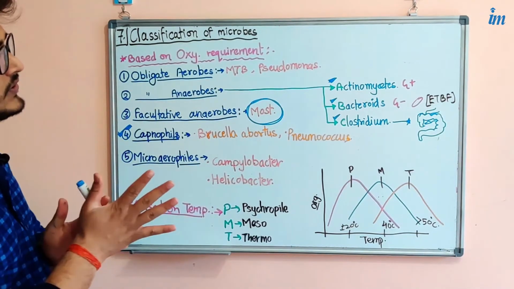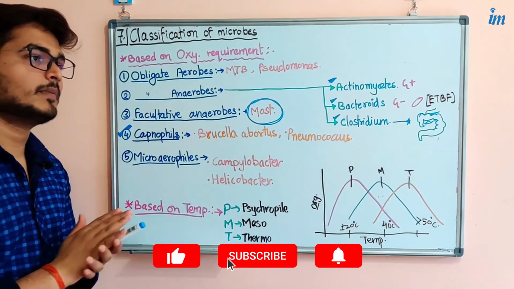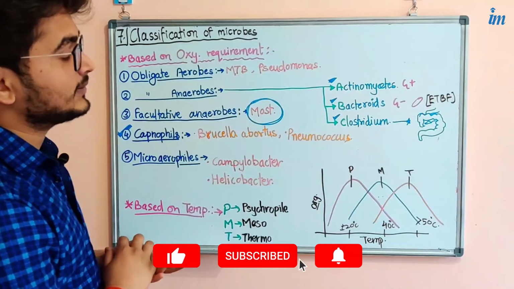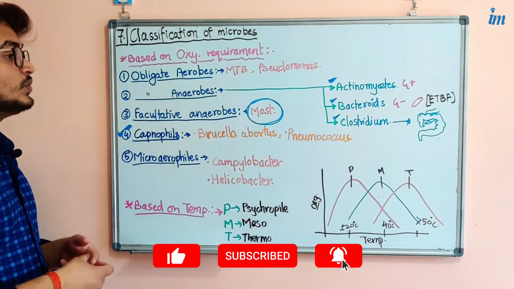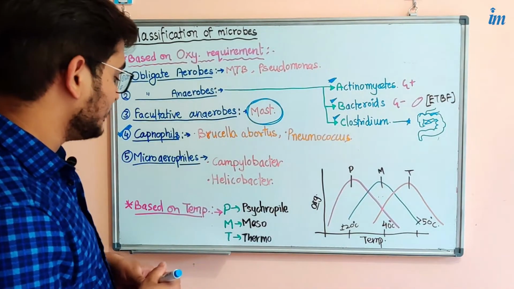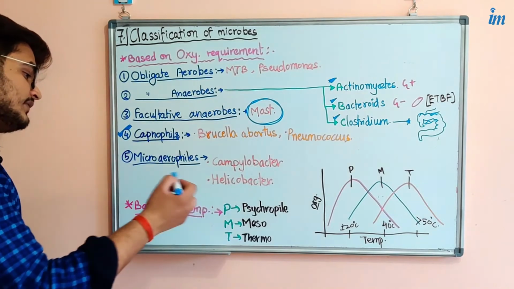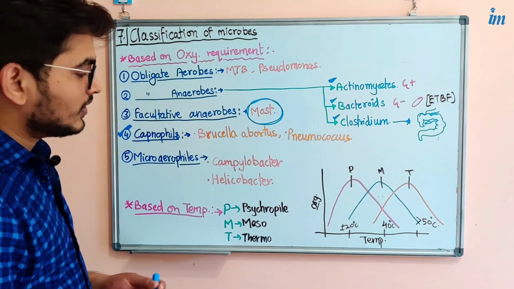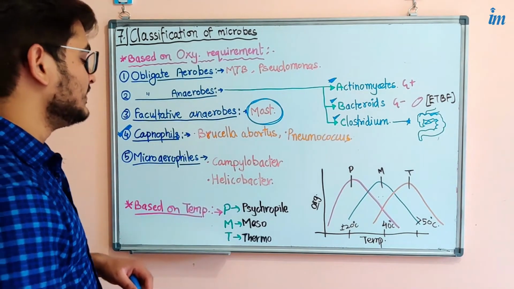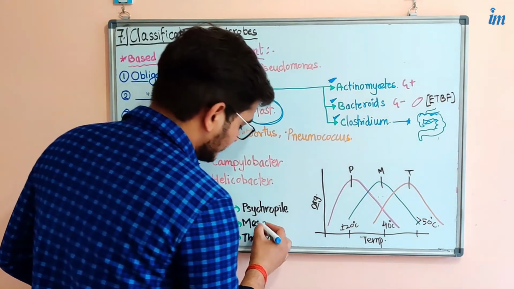In the staining process, I told you about sporulation, spores forming in bacteria, especially in gram-positive bacteria. They are very important and very infectious for humans and also for animals. So based on temperature, there are three types of microorganisms: the first one psychrophils, second mesophils, and third thermophils.